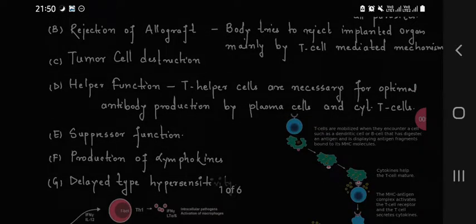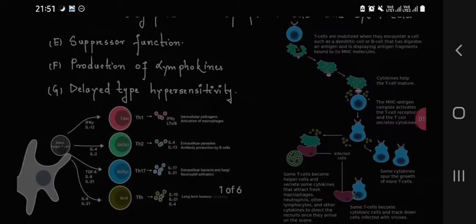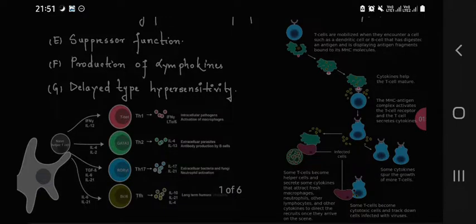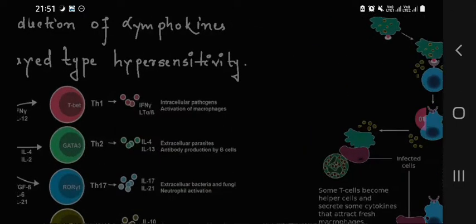Helper function: T helper cells are necessary for optimal antibody production by plasma cells and cytotoxic T cells. Suppressor function. Production of lymphokines, delayed type hypersensitivity.